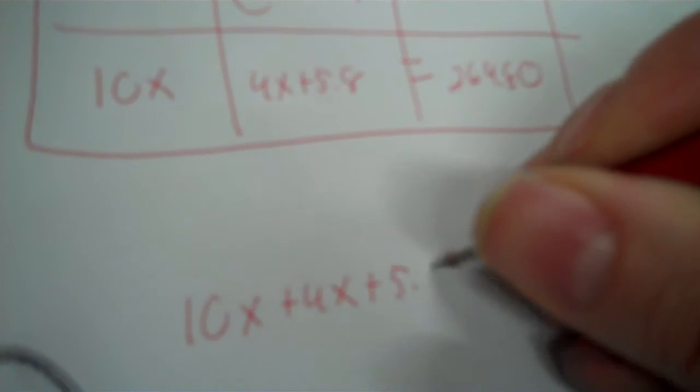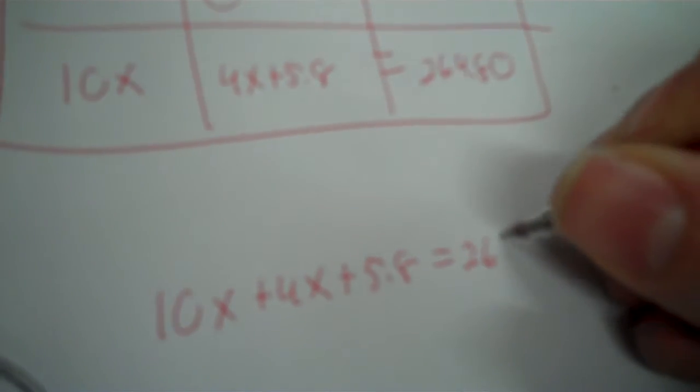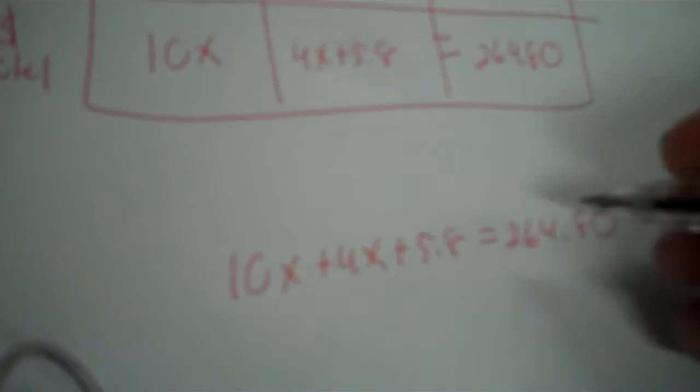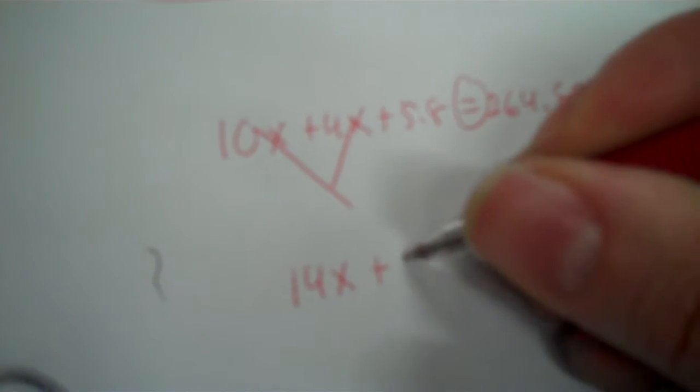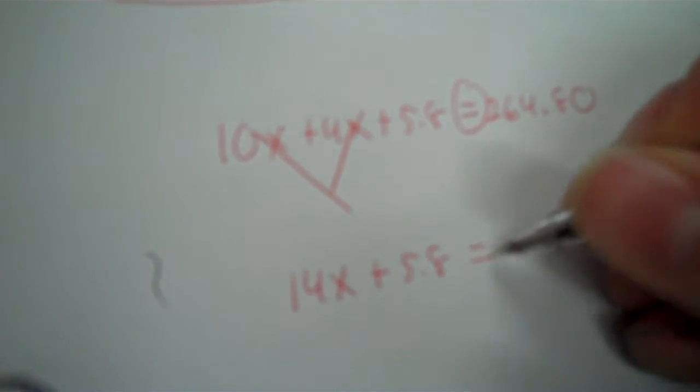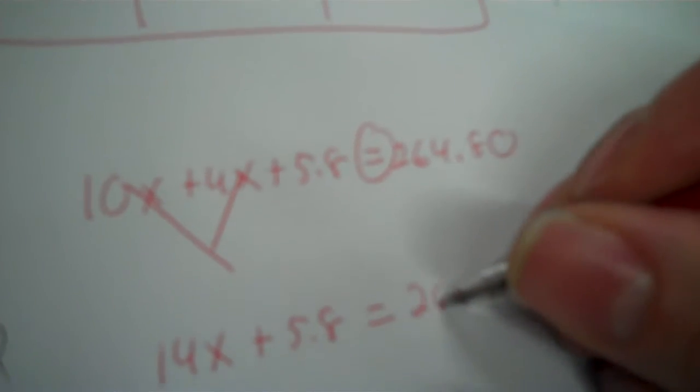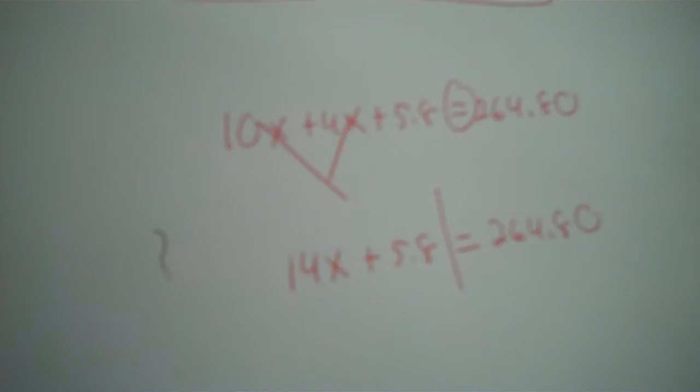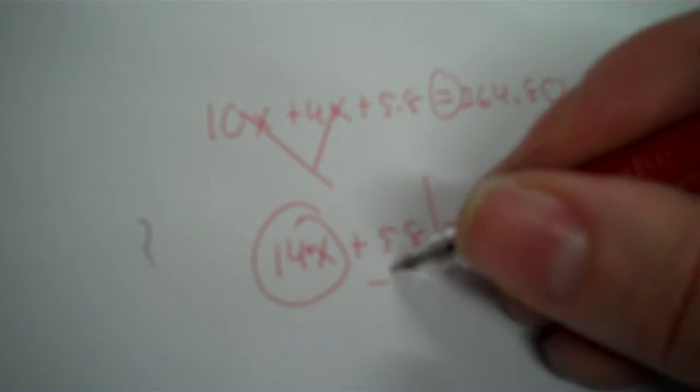So 10X plus 4X plus 5.8 equals 264.80. So the X's I combine, so it's going to be 14X plus 5.8. Then over here you got 264.80. Okay, so you got times and plus, so you subtract the 5.8.